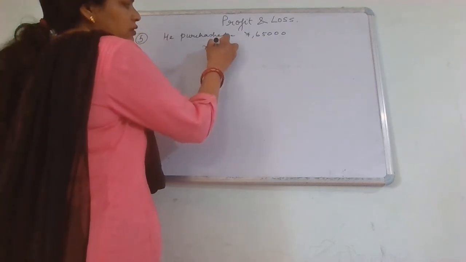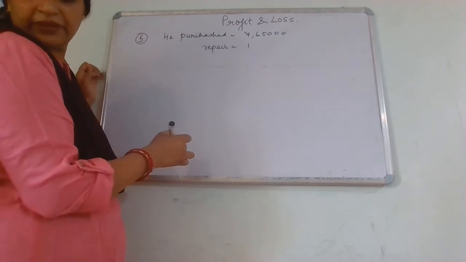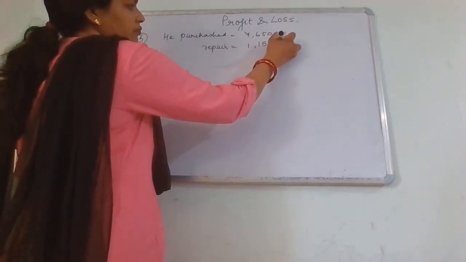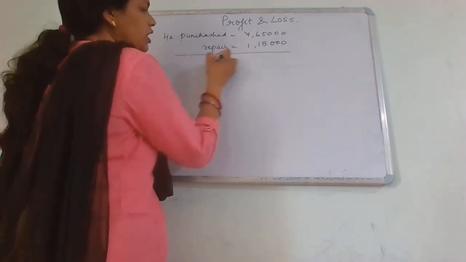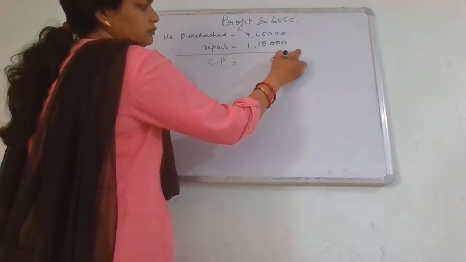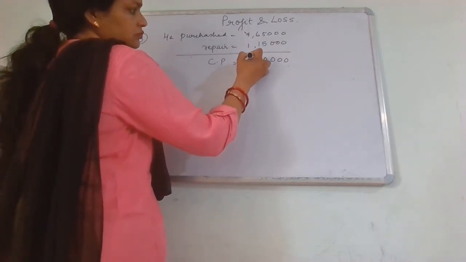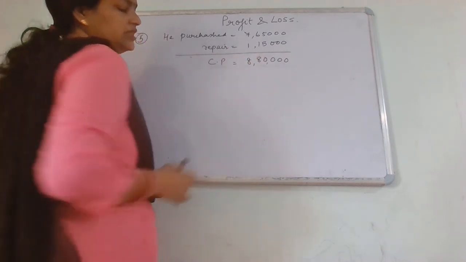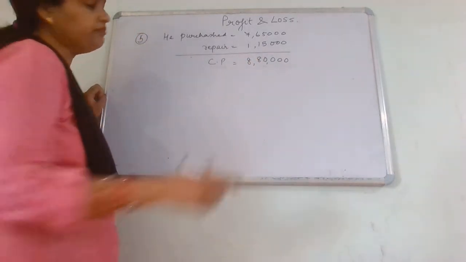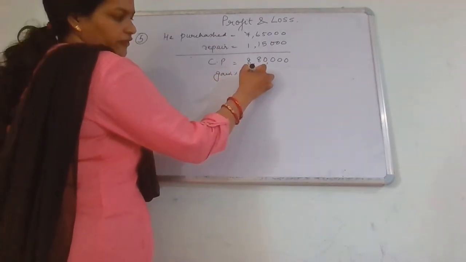Repair work, 1,15,000. So CP is equal to 8,80,000. Right? And the gain percent is equal to 5%.